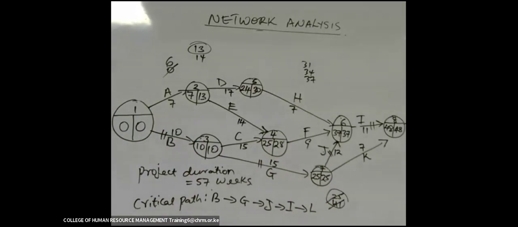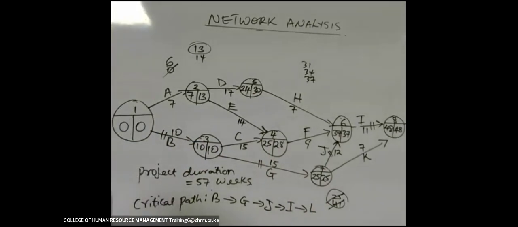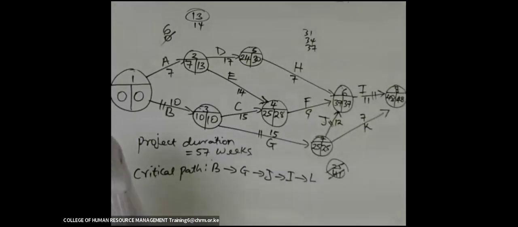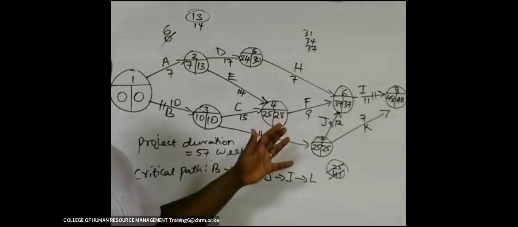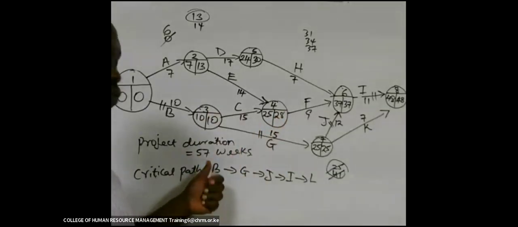So, with those many explanations, I want to say the topic on network analysis is done. Complement with the notes that you have. Understand how to do this network, and also understand how to determine the critical path.